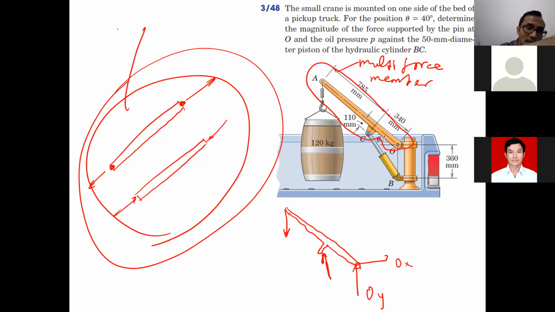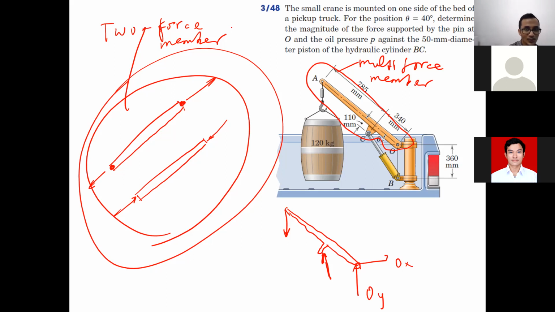This kind of member, we call it a two force member. So basically, if it's not a two force member, most of the time it will be a multi-force member.